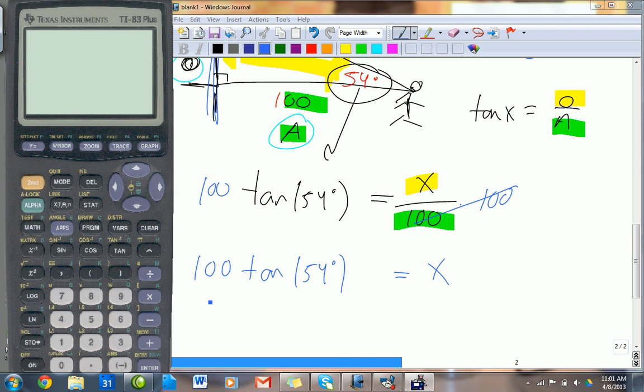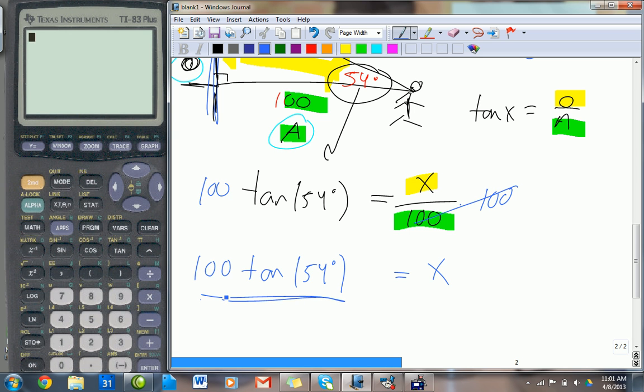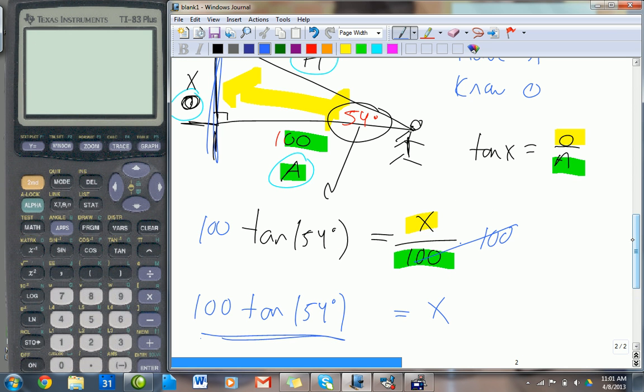Now look at what x is. It's 100 times tangent of 54. So all I'm going to do in my calculator is press 100 times, you don't even need the times, tangent. Tangent is its own button right here. You see sine, cosine, tangent of 54 degrees.